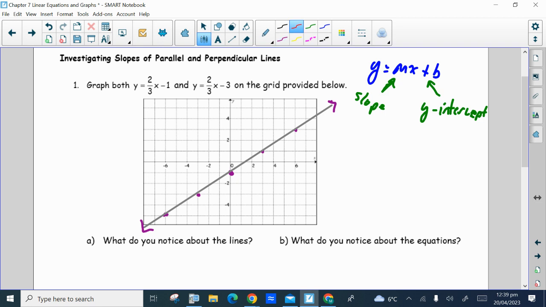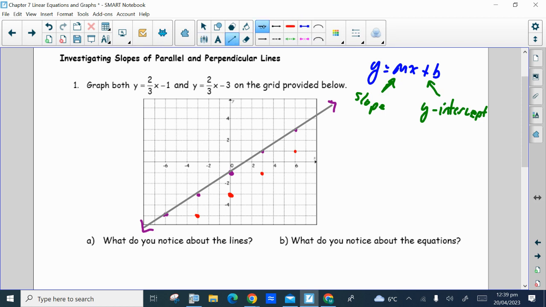The second line, the equation is y equals 2/3 x minus 3. So that, again, is in slope-intercept form. It has a y-intercept of -3, and the slope is the same. It's 2/3. You're going to rise 2 and run 3. You could also rise -2 and run -3 if you want.